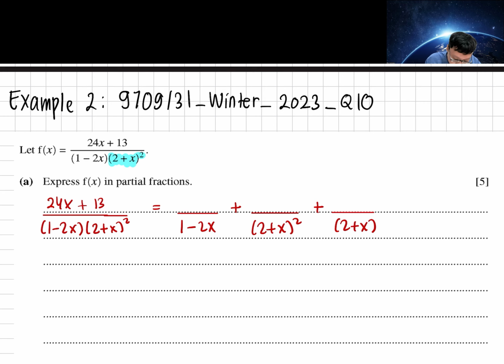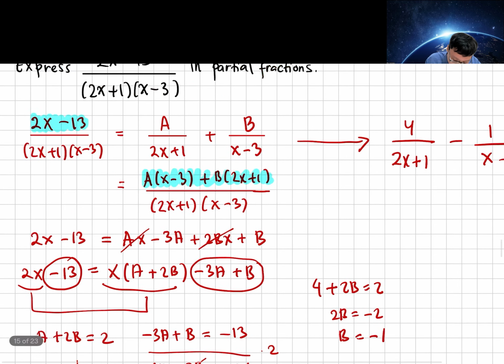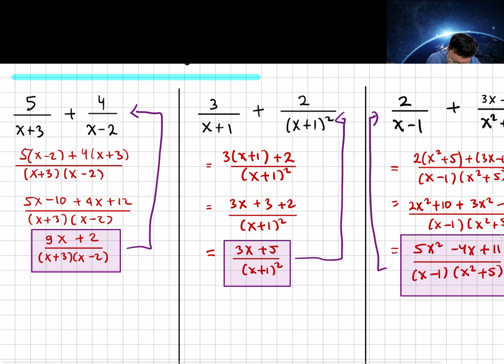Why? Because if you look at my second example, the fraction with (x plus 1) squared, you can decompose that into x plus 1 and (x plus 1) squared, with a constant on top. So we can have (x plus 1) squared and we have x plus 1.